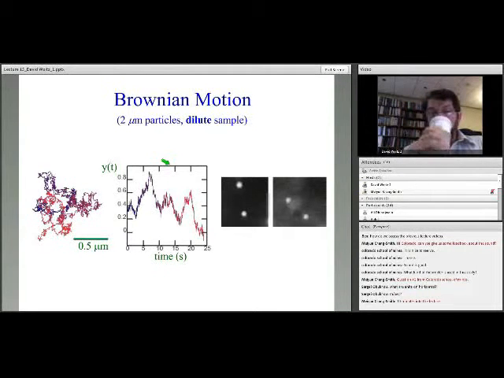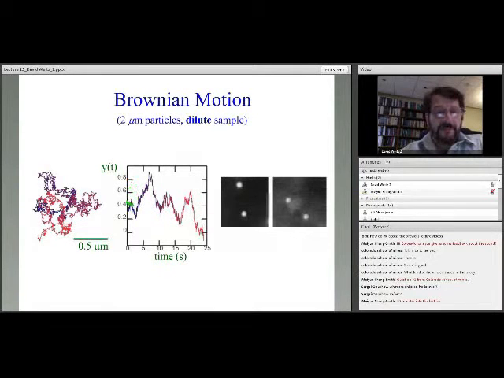So the plot over here on the left is an image where each frame is represented by a dot. That's the location of the particle measured to within 20 nanometers, and the colors represent the evolution in time. And in this XY plot, we're plotting the Y position measured as a function of time.